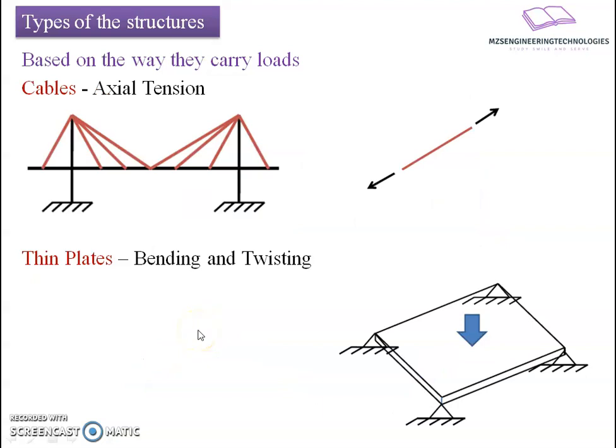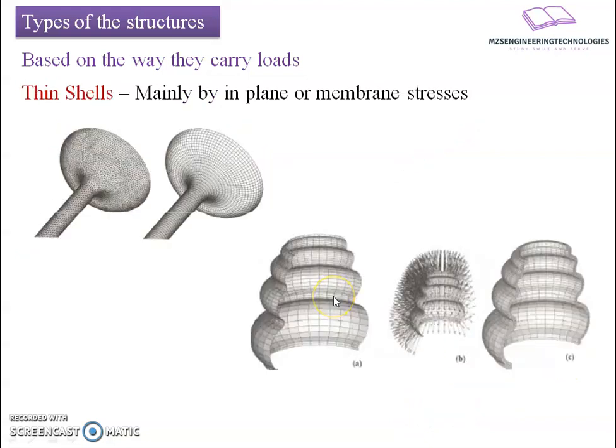Okay, next to that there is a cable. In the case of cables, we consider the members to be subjected to axial tension only. So they predominantly carry tensile forces. Thin plates: we consider these to be subjected to bending and twisting. Here the bending will be along the surface area, whereas at the corners it will be subjected to twisting forces.